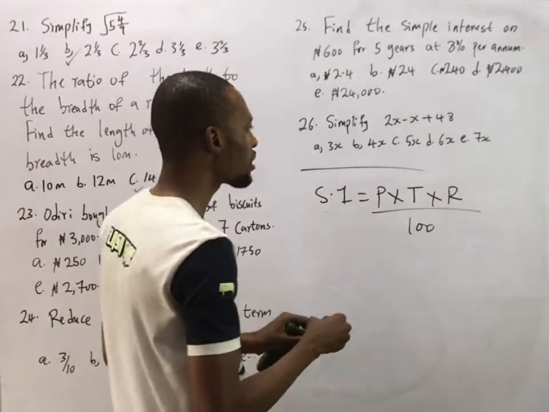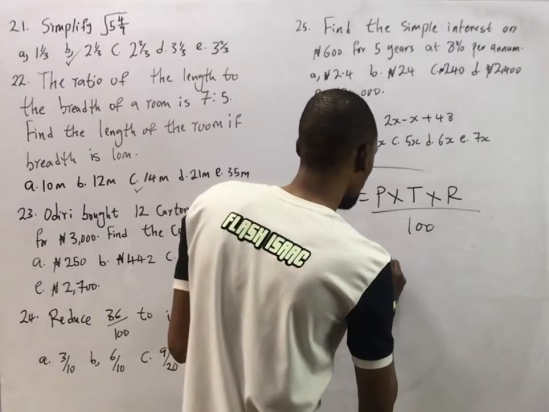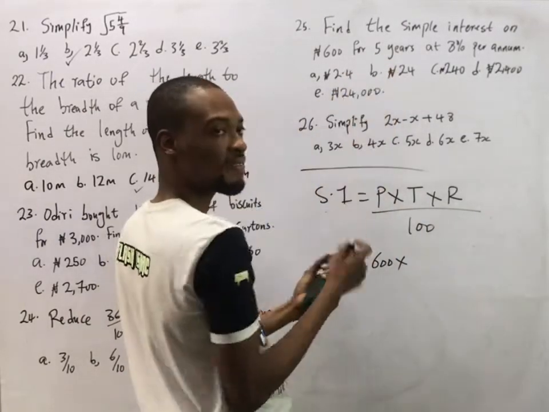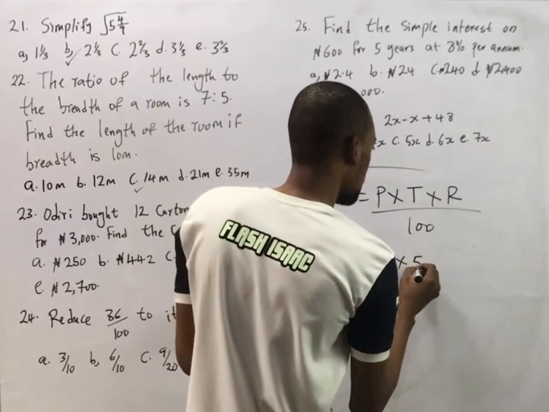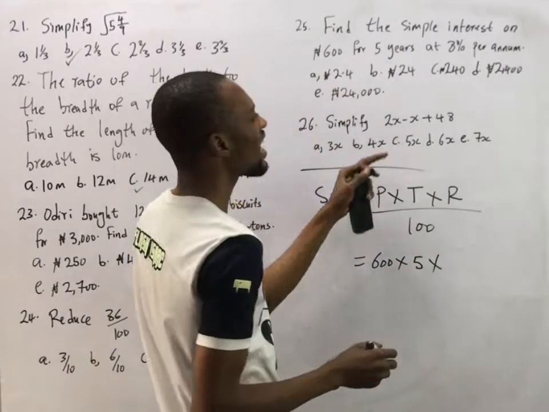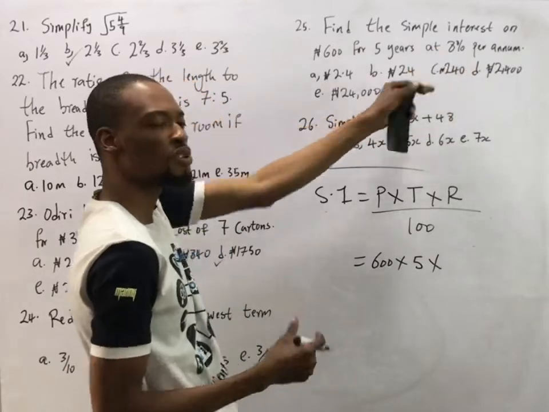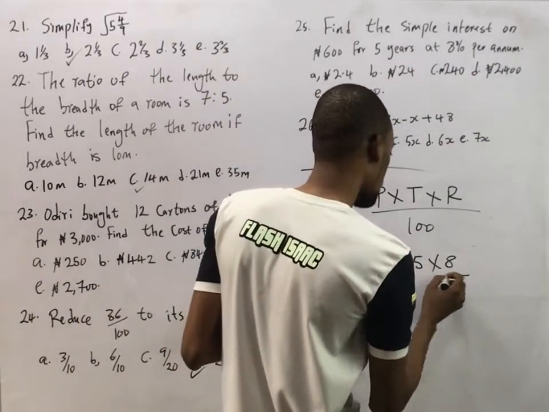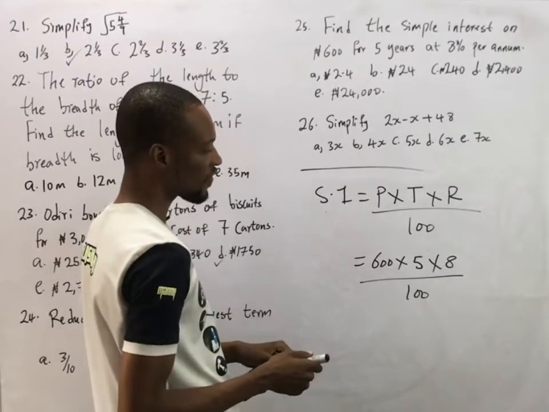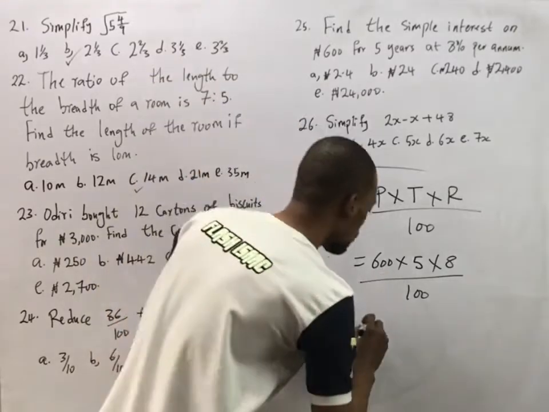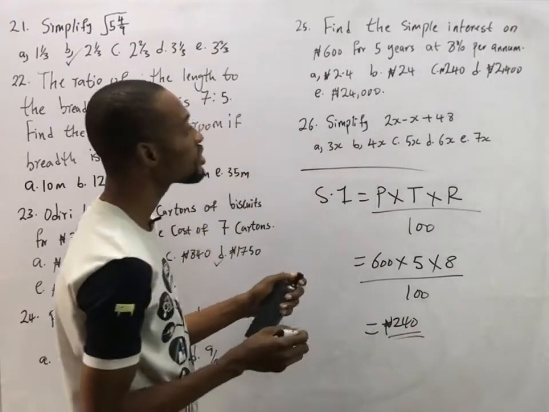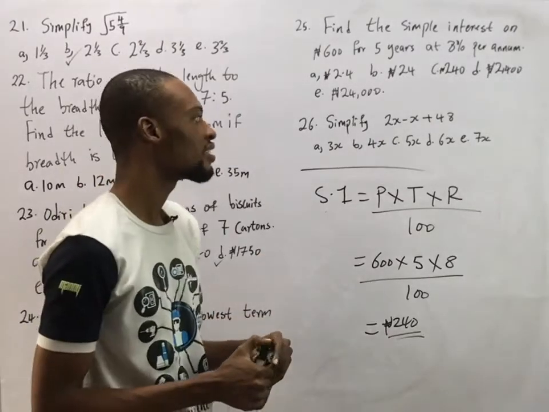So we have principal to be 600 naira times for 5 years. So the time is 5 years times 5 times at 8% per annum. So anything that comes with percentage actually is the rate. So the rate is 8. Then all over what? 100. So 600 times 5 times 8 over 100 is equals 240 naira. So the simple interest is 240 naira.